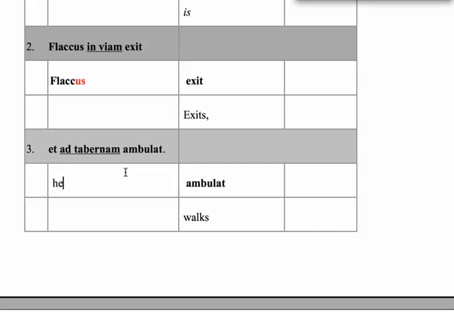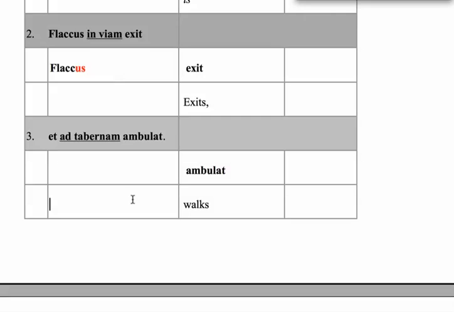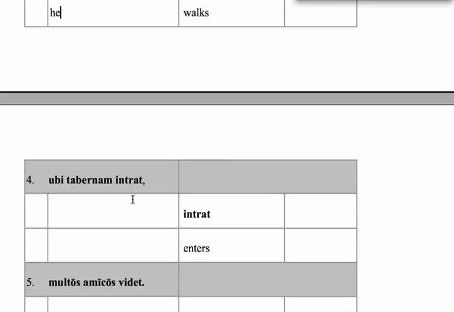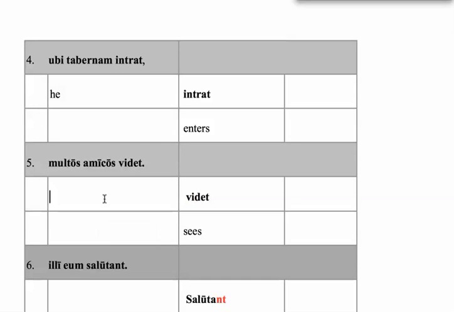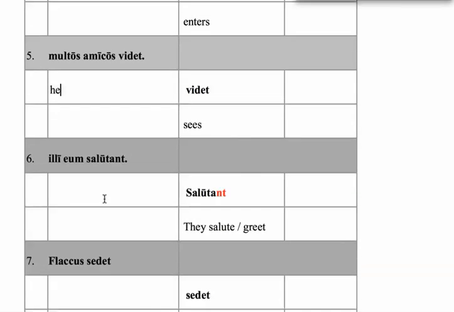It'll just be he, because it's the same as before. Here, again, no nominative. Here, again, multos, not multus, so he. Then a change of subject.